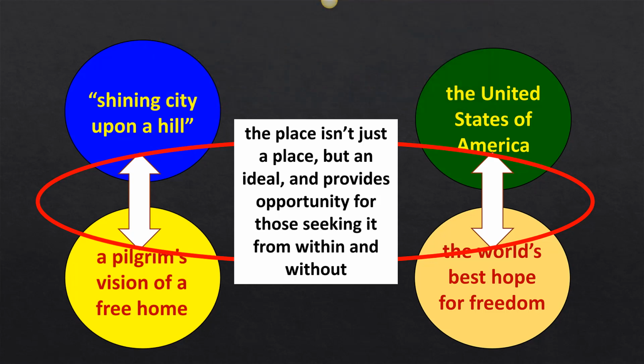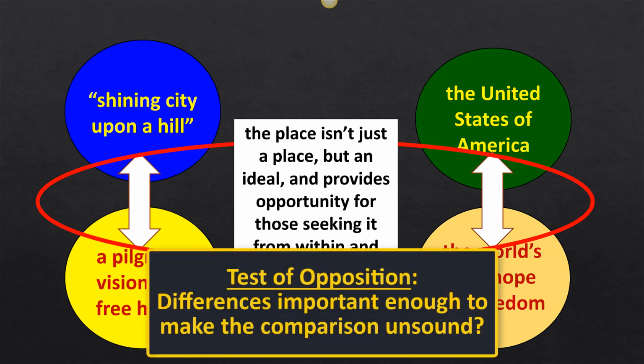However, what we need to do is ask ourselves, are there significant differences between those relationships that might call this analogy into question? Now, just looking at the way that Reagan uses this analogy, it doesn't really seem intuitively like there might be a really important exception or difference that might jump out at us.